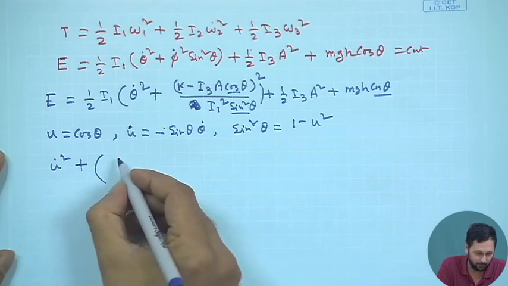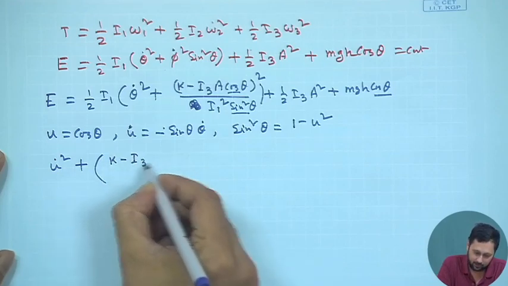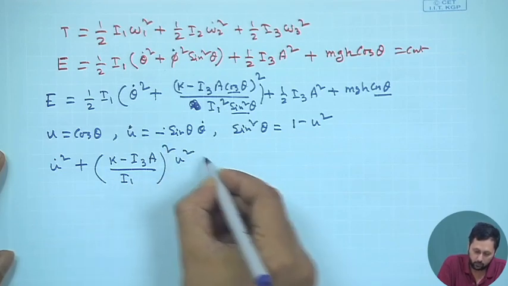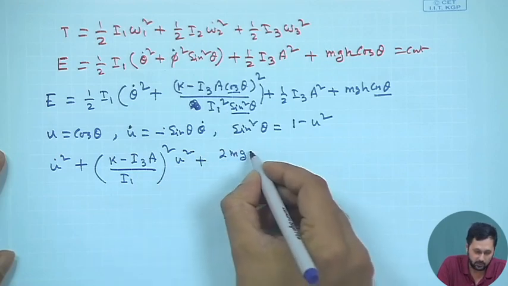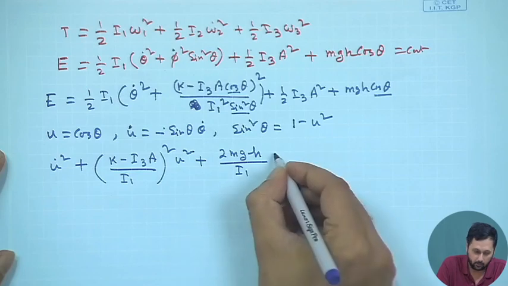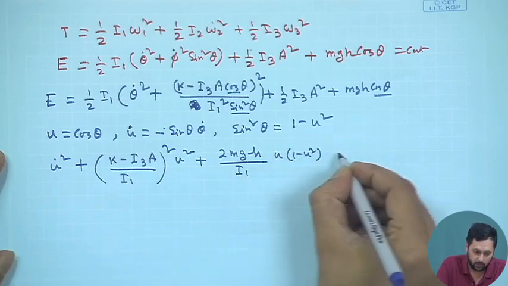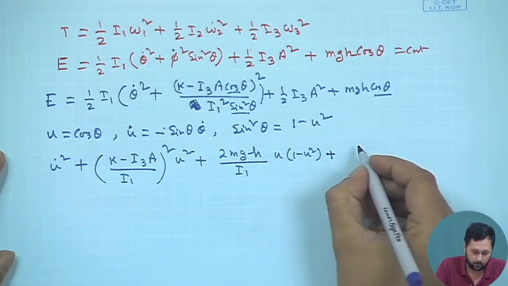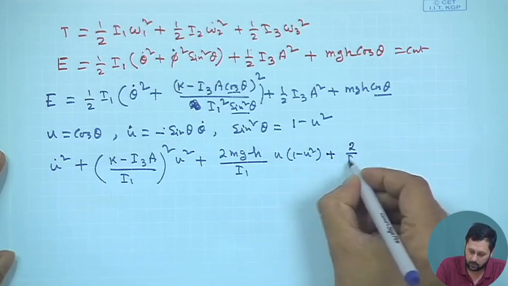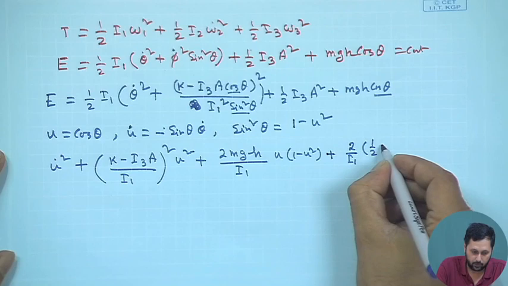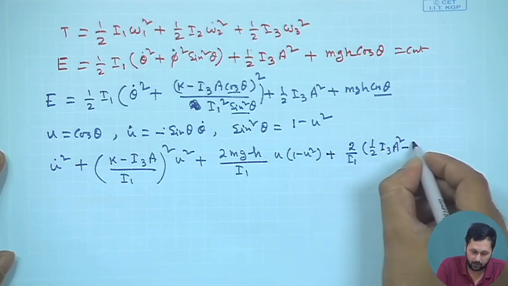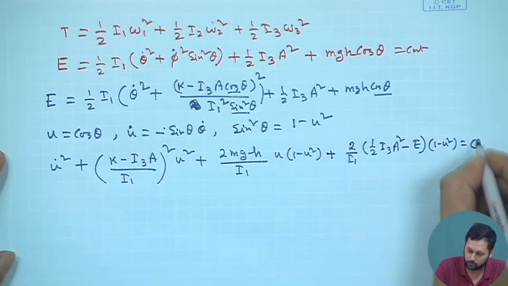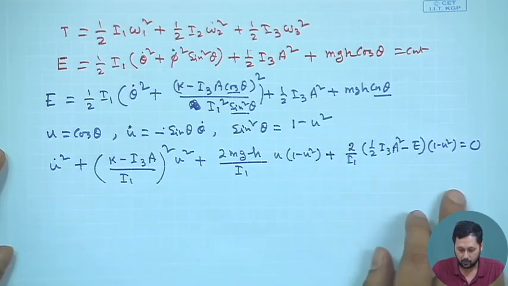Two steps in mathematics, and we get: k minus I3a by I1 whole square u square, plus 2mgh by I1 times u times 1 minus u square, plus 2 by I1 times half I3a square minus e, whole times 1 minus u square, equal to 0. So, this is what we can get from this.